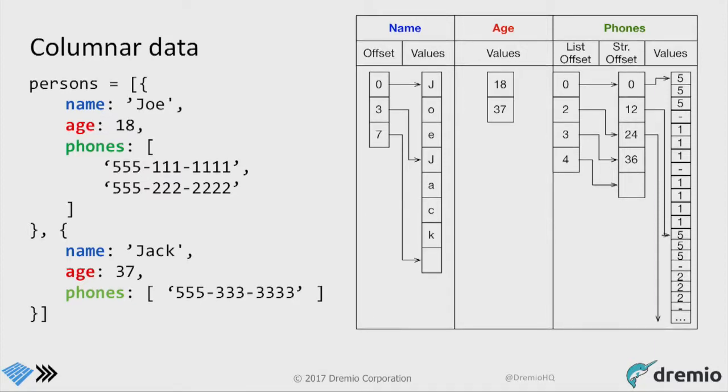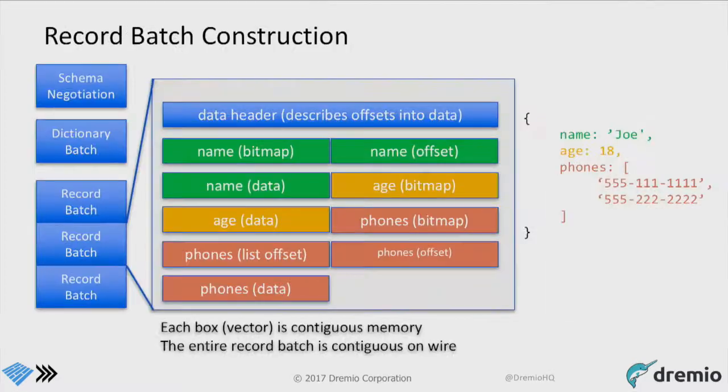For example, if I have a list of variable width values, I put all the values after one another, and then there's an offset vector to point at the beginning of each value, like the first phone number, the second phone number and the third one, and so on. And there's another offset vector to point at the beginning of each list. So it's composable. That's how you deal with nested data structures in a simple way.